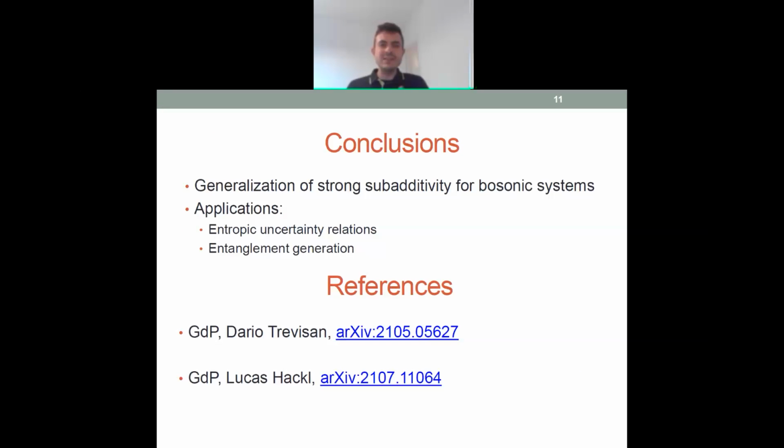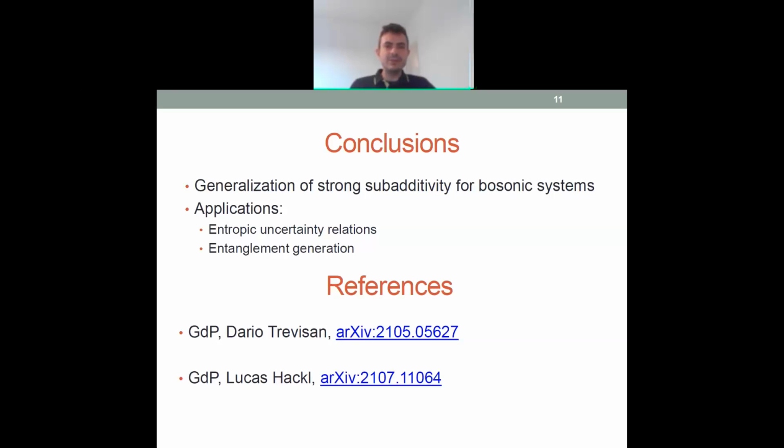And as applications, we presented new entropic uncertainty relations for the measurement of quadratures, and lower bounds on the generation of entanglement in bipartite bosonic quantum systems with Gaussian unitary operations.